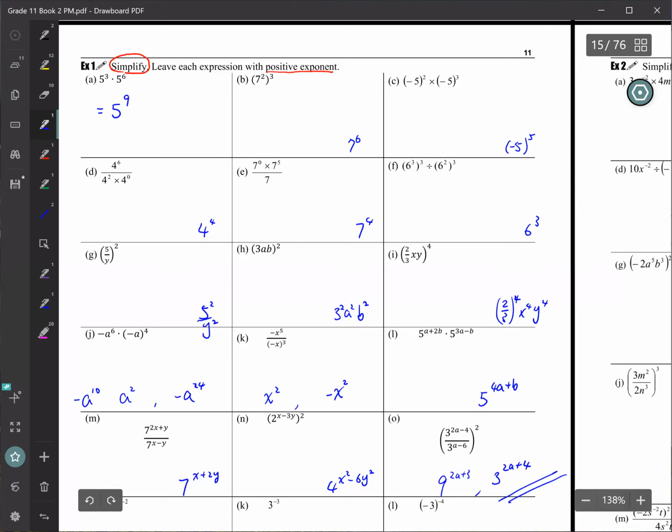These are confusing ones, right? Okay, what else? For N, I got 2 to the 2x minus 6y. Okay. Anything else? I think that's it. You sure? Yeah. Oh, okay, very good.